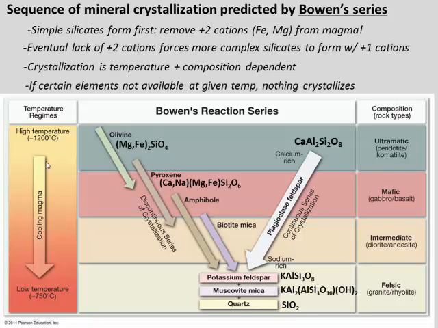And a final point is that, of course, as you're cooling through these temperature ranges, if you don't have any of the ingredients, you can't make the mineral, and nothing crystallizes. Okay? So if you don't crystallize any of these mafic minerals, then you're going to be left with a felsic rock once that magma is cooled.